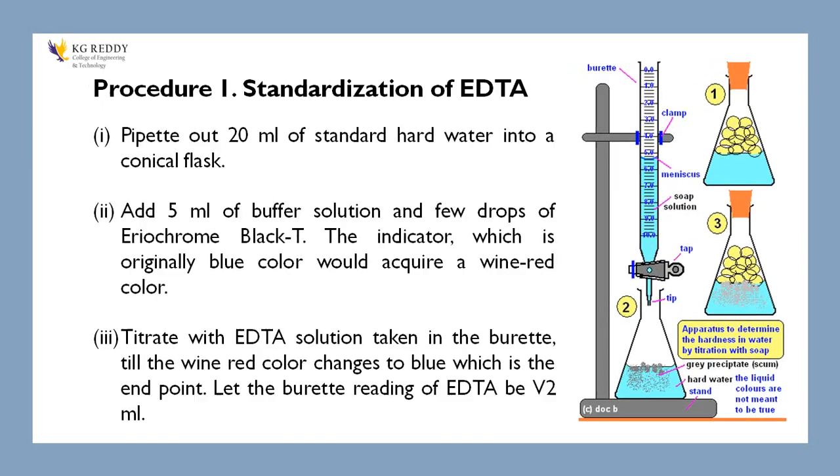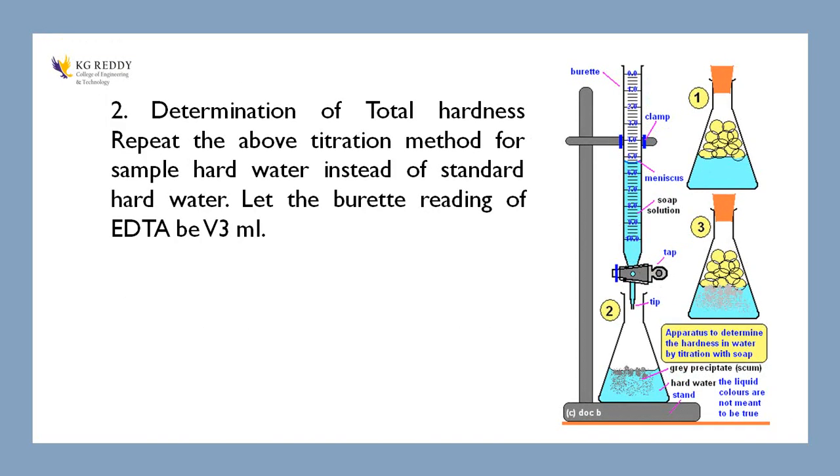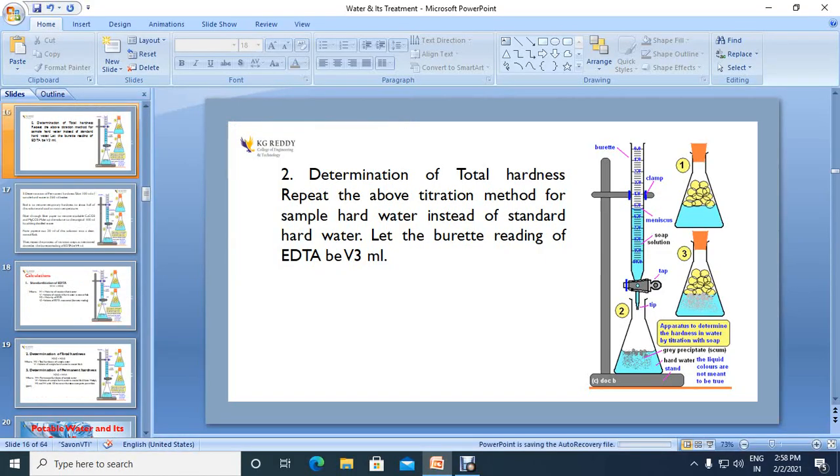In the first case, you find M1. M1 is equal to weight of calcium carbonate by molecular weight into 1000 by volume in liters. The weight of calcium carbonate is 1, the molecular weight is 100, and the volume is 100, therefore you get 0.1. That is the M1 calculation.